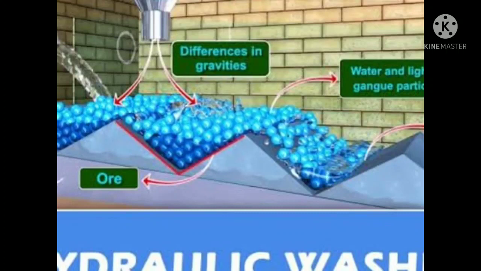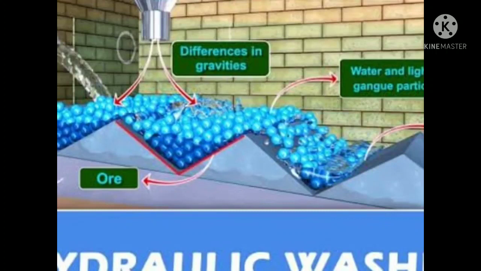The crushed ore is placed on the sloping table with grooves, and a stream of water with a high current, that is with high speed, is allowed to flow over the crushed ore on the table. So what happens when the water comes with a high force?